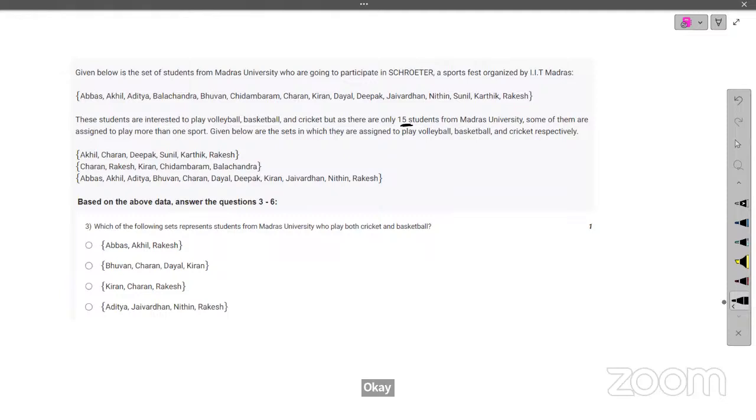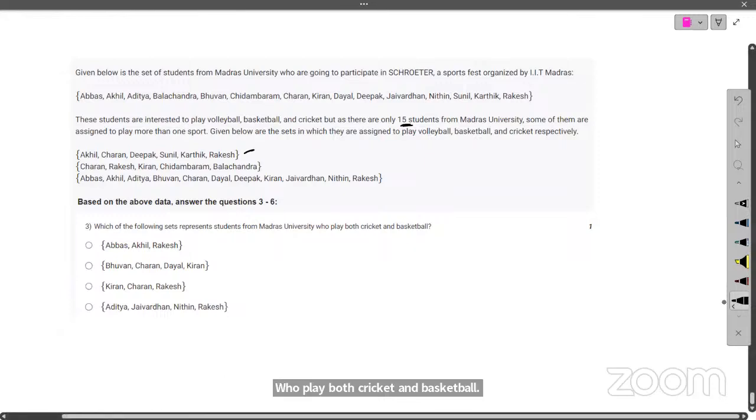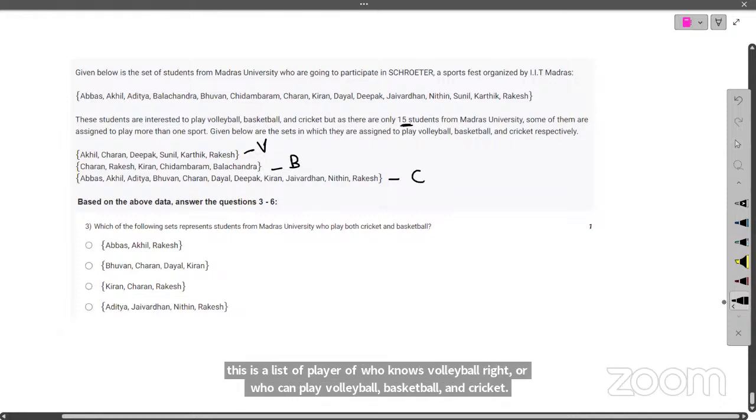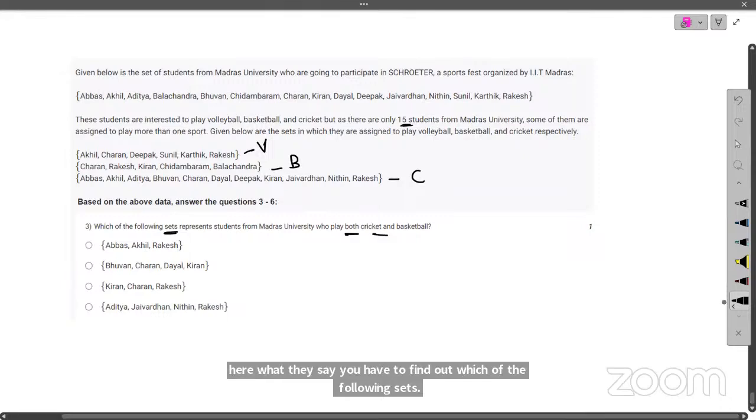Which of the following sets represent the students of Madras University who play both cricket and basketball? So this is a list of players who can play volleyball, basketball, and cricket.